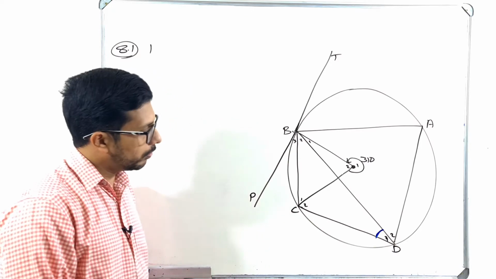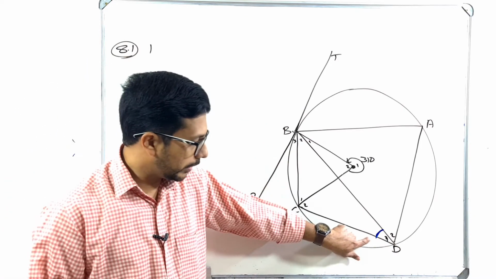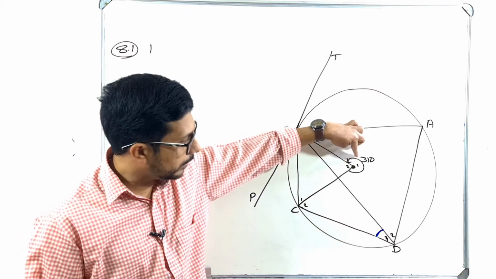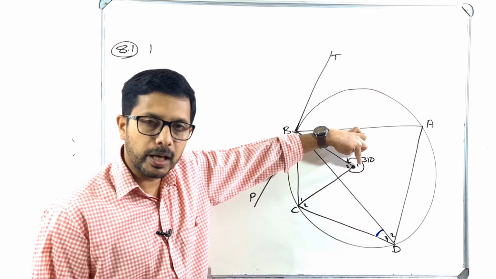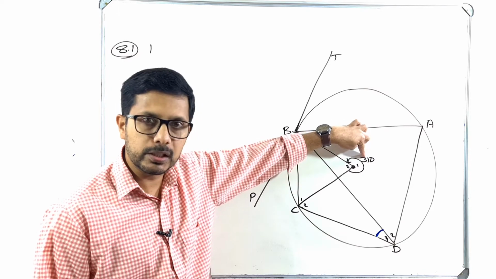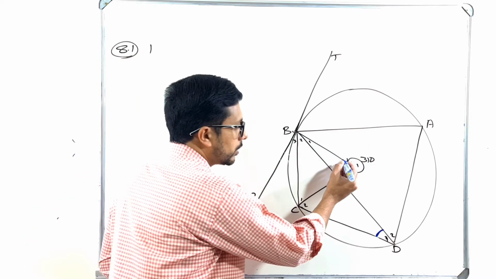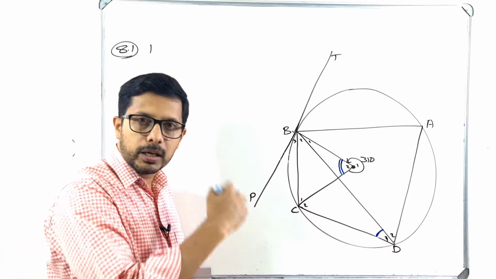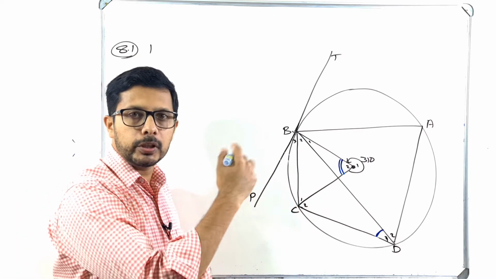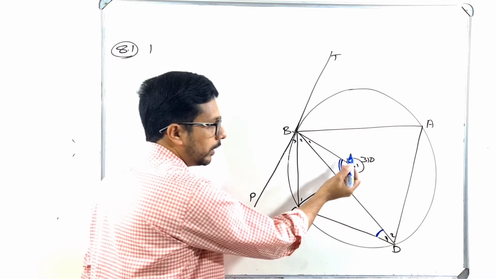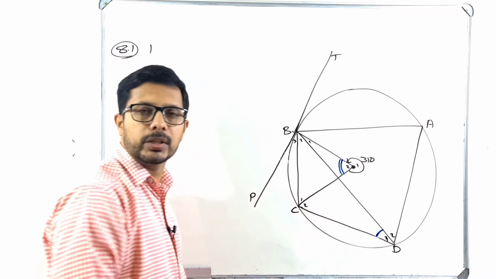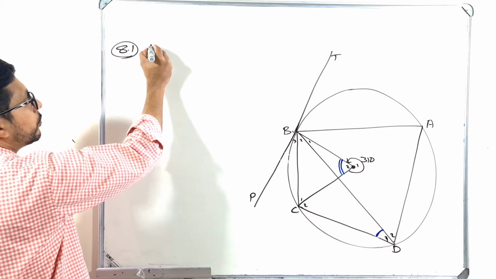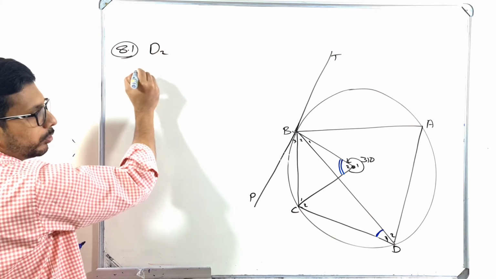Okay, now let me quickly explain that one. Here angle O1 is 310. It is given. So what about this angle? The remaining angle: the total angle around a point is 360. So 360 minus 310. First of all, let me try to find O2.